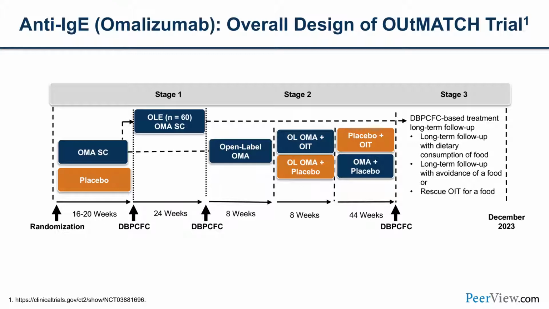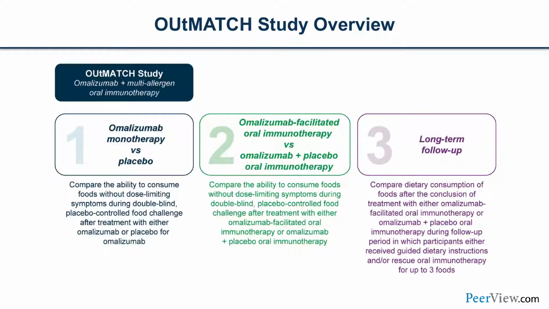And the Outmatch trial is a complicated study, as we'll look at a little bit more in the next slide, that is comparing Omalizumab to placebo, but then moving on to seeing whether Omalizumab by itself is or is not equal to or superior to using oral immunotherapy that has been facilitated by Omalizumab early in the course of the OIT.